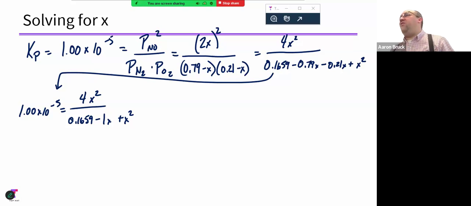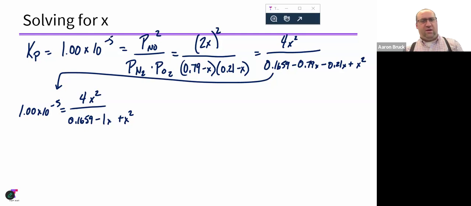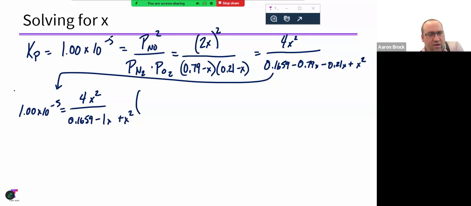Remember, the trick for the quadratic formula is that we've got to get all of the terms onto one side of the equation, and the other side of the equation is 0. So my next step would be to multiply both sides by the denominator here, 0.1659 minus x plus x squared.